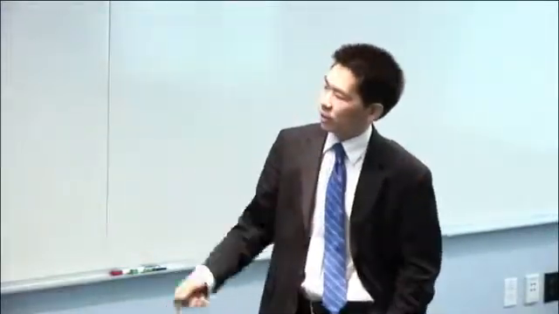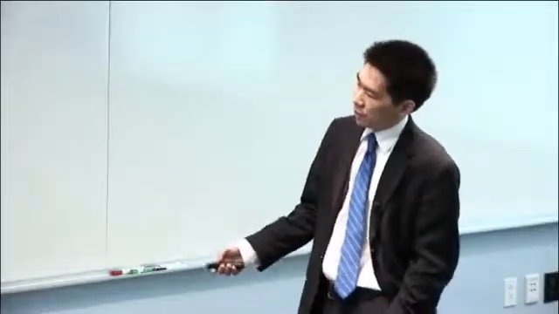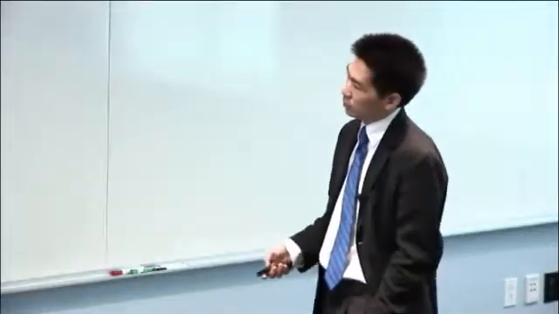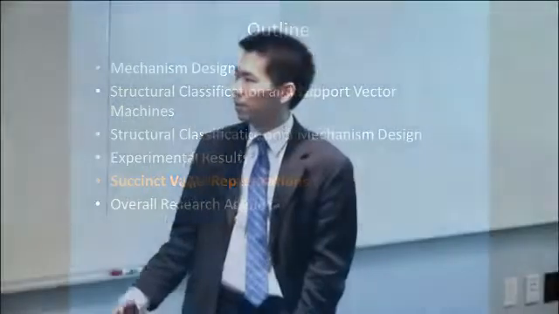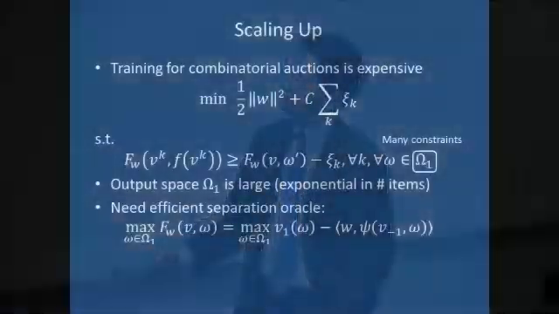So if you have n items, you're going to have an exponential number of constraints. So training is a bottleneck here. In the last section of the talk, I wanted to talk about overcoming this training problem. I'll give a very brief overview and then conclude.